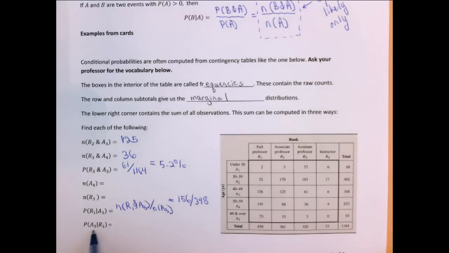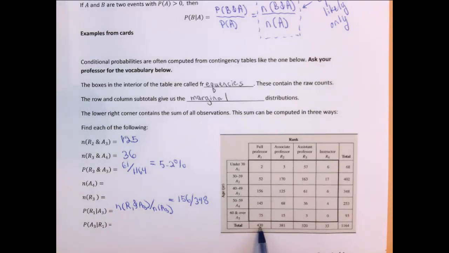Finally, let's compute the probability that a randomly selected member of the faculty is in age group 3 given that he or she is in rank 1. The denominator once again comes from the second event, which in this case is rank 1. In rank 1 there are 430 individuals.